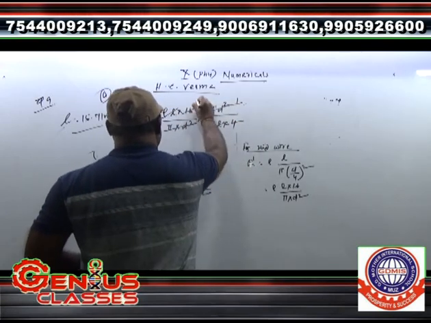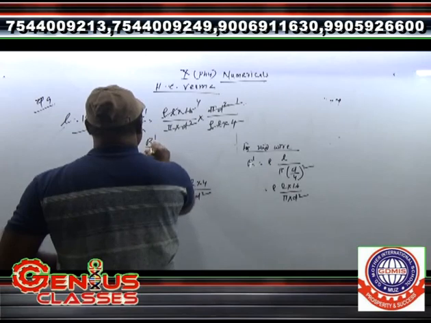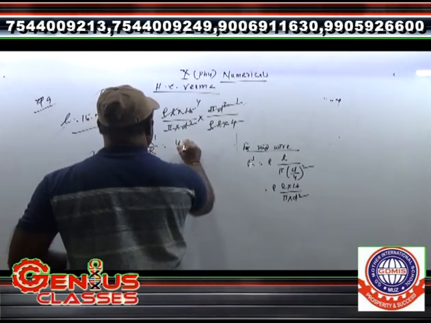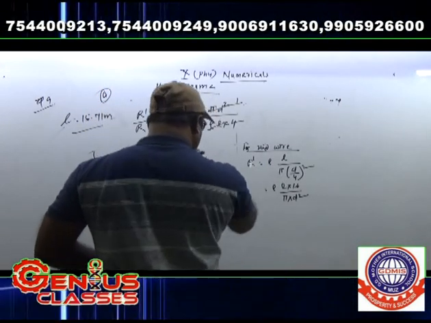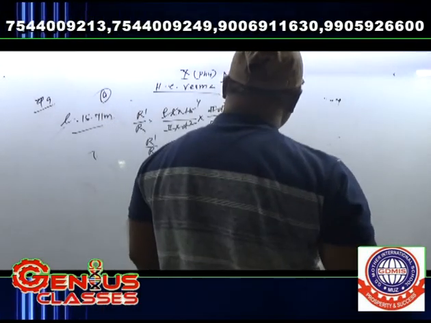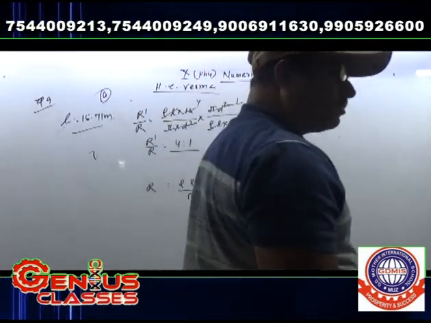Here it is 4. So R dash by R is equal to 4:1. This is the answer. So that was the calculation, nothing more new.